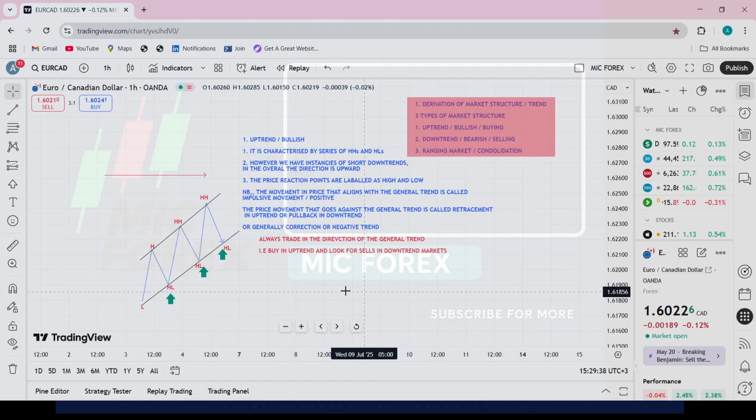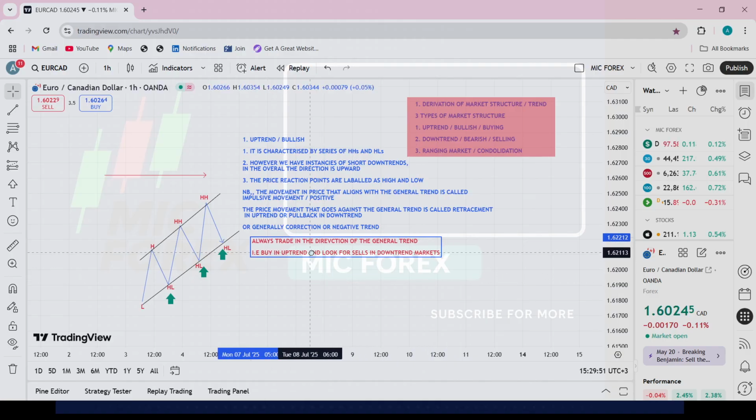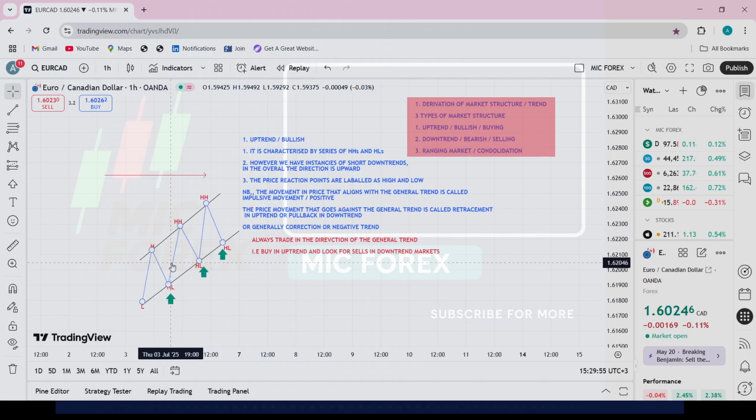Up to here we were talking about the bullish markets, but somehow I jumped into a deeper understanding of market structure. This one now is explaining the movement in price in alignment with the trend, which is going to be impulsive, whether bullish or bearish. But when we have correction, it's called retracement.